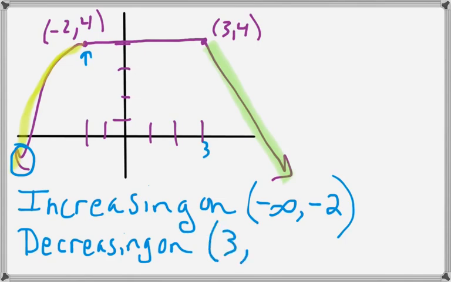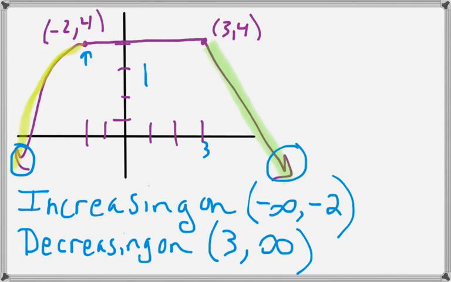And then if we look at how far to the right it goes, it keeps going forever to the right. So we use positive infinity. Remember that in the x direction, positive infinity means going to the right forever. Negative infinity means going to the left forever. And we are looking at the left-right direction, not the up-down direction, because we're looking at x values, not y values.